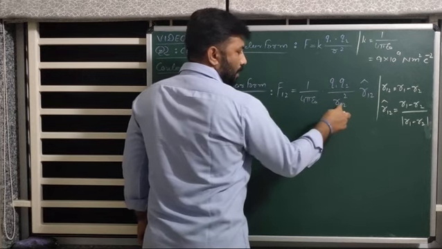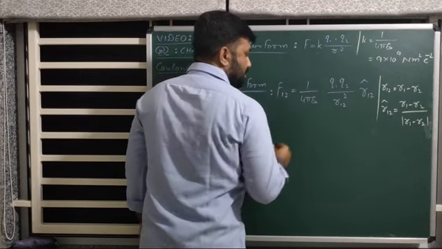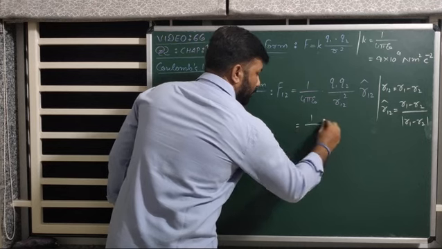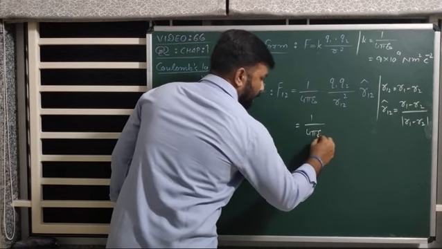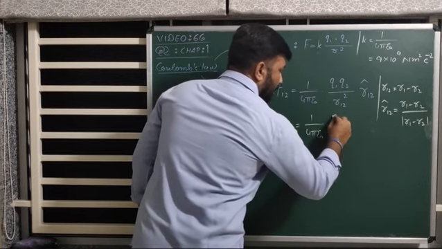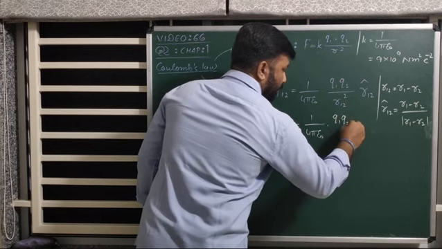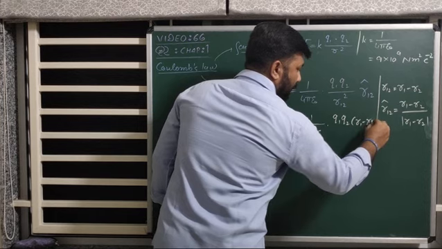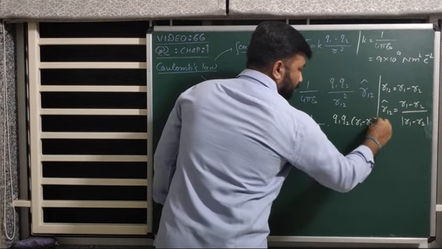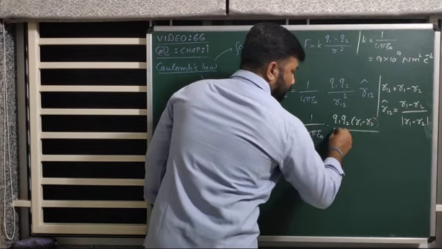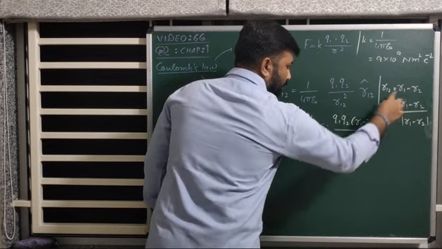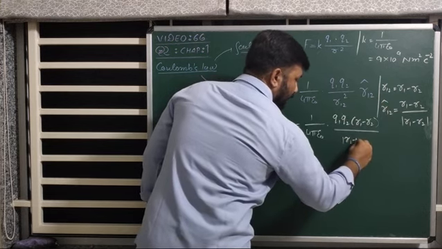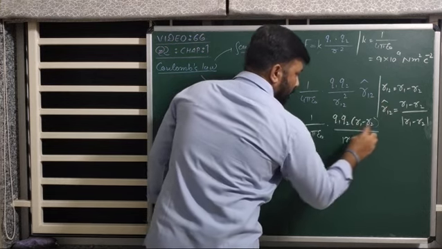First R12 and then this. You will get 1 upon 4 pi epsilon 0 multiplied by Q1 Q2. This term in bracket, that is R1 minus R2, upon the value of this, that is modulus R1 minus R2 square.